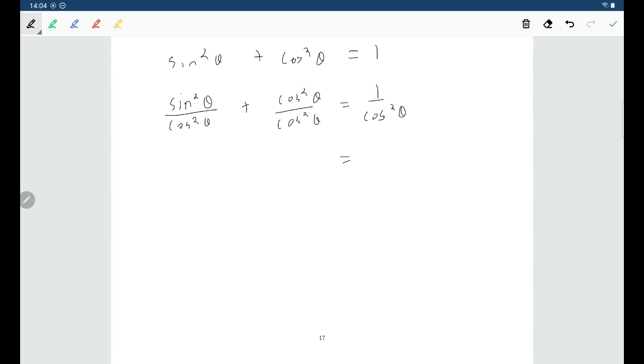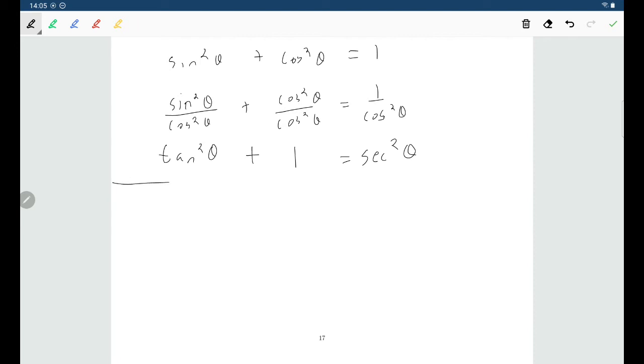You know that 1 over cosine of theta is secant, so 1 over cosine squared should be secant squared theta. Cosine squared over cosine squared should be 1. Sine over cosine is tangent, so sine squared over cosine squared should be tangent squared theta.